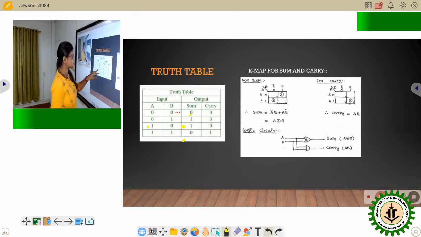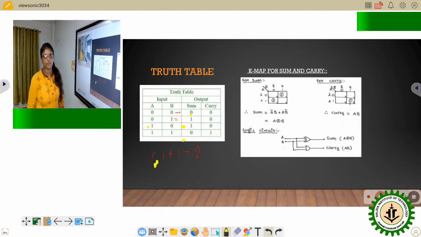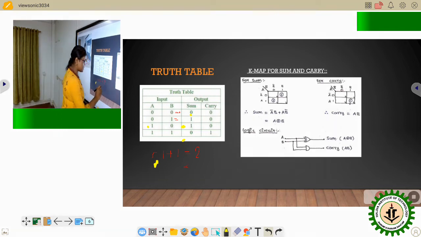For 0 1, the sum is 1 and there is no carry. For 1 0, the sum is 1 and the carry is 0. For 1 1, 1 plus 1 gives 2, and the binary form of 2 is 1 0, so the carry is 1 and the sum is 0.